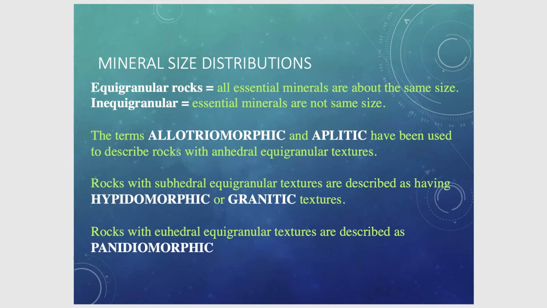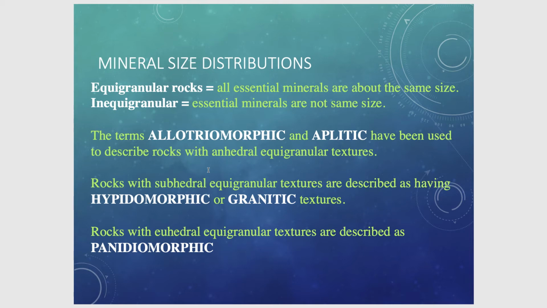The same is true for these other terms, so allotriomorphic and aplitic. They usually are used to describe rocks that are anhedral and have equigranular textures. So that means that you don't have really a shape. So a volcanic rock like an obsidian could be called an allotriomorphic rock, as well as a microgranite.